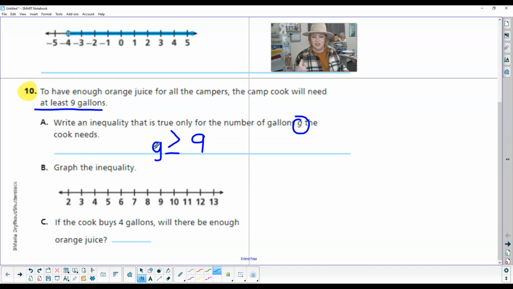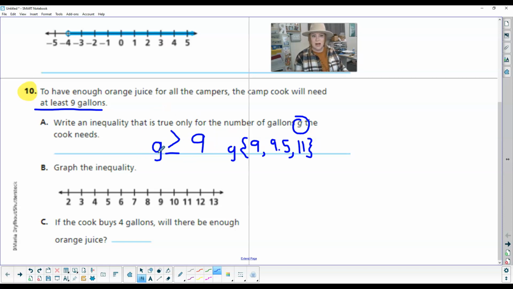So G has to be greater than or equal to 9. G could be exactly 9. I could make 9.5 gallons. The cook could make 11 gallons, and all of those would be enough for the campers. So G should be greater than or equal to 9.